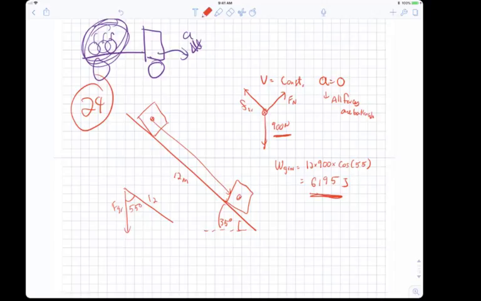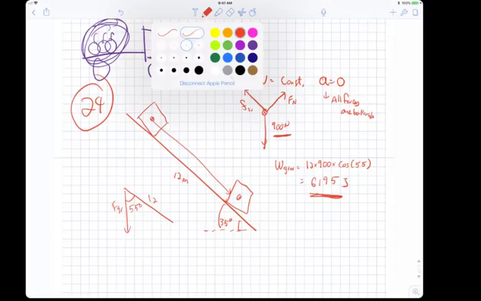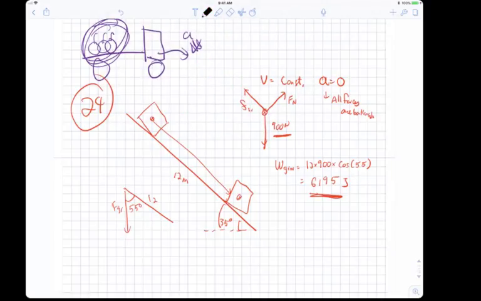The friction force, on the other hand, is doing work as well. The work done by the friction force is in the opposite direction, so it would be minus friction force times 12. But here's the interesting thing. Gravity's putting energy into the box.